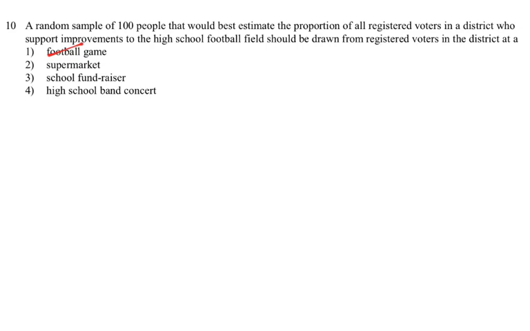So when you look at a high school football field, it has nothing to do with football, nor high school or school for that matter. So therefore, the correct answer to be most unbiased would have been people from the supermarket.